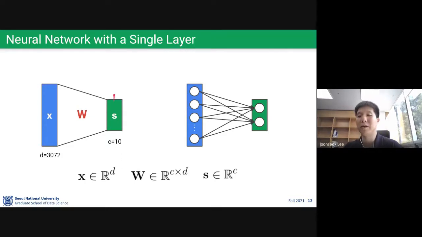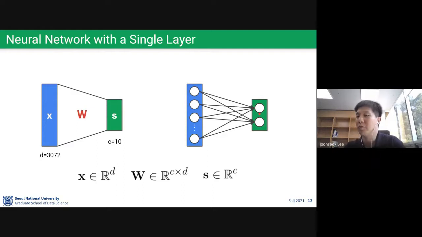So that is here. Or we can draw it this way, which is more intuitive. x has 3072 numbers, and each of those numbers is multiplied with some weight, which is represented as an edge here. So this is W1, W2, W3, and W3072. Each of these is multiplied with the values in the input and summed over, and then followed by a nonlinearity.